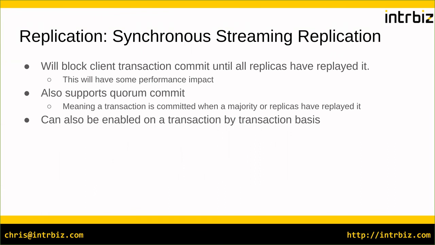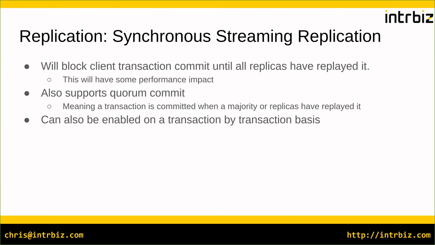But we do have another mode of streaming replication, which is synchronous streaming replication. Now, this is useful in those situations where you really need that durability guarantee that you don't ever lose a transaction. And synchronous replication will effectively block the client from committing that transaction until that data has been written to potentially all the servers you have in your synchronous cluster.